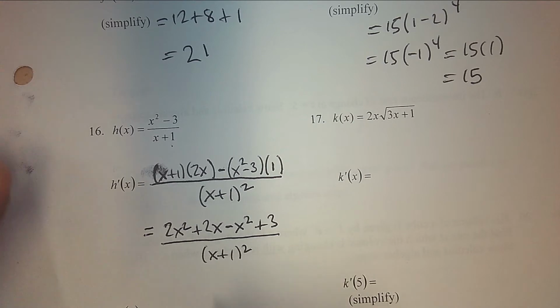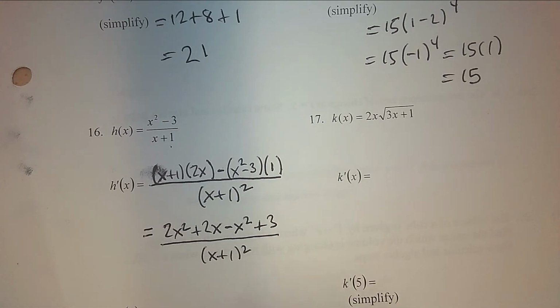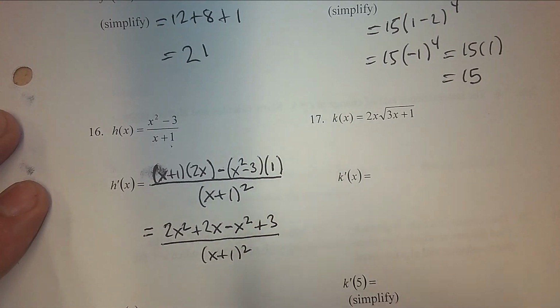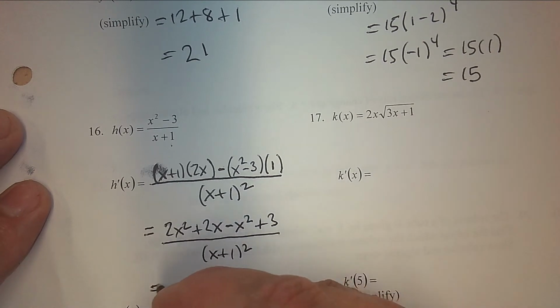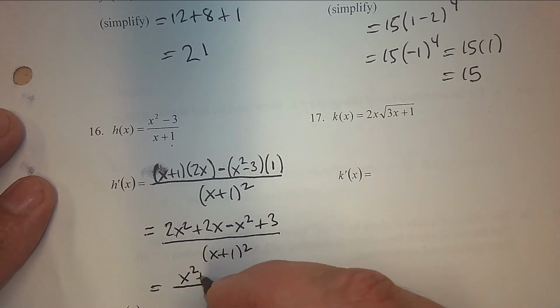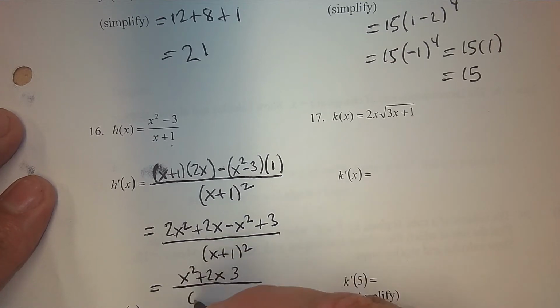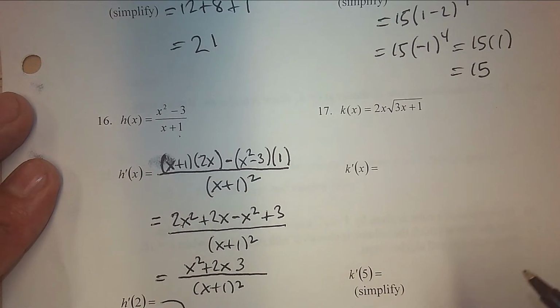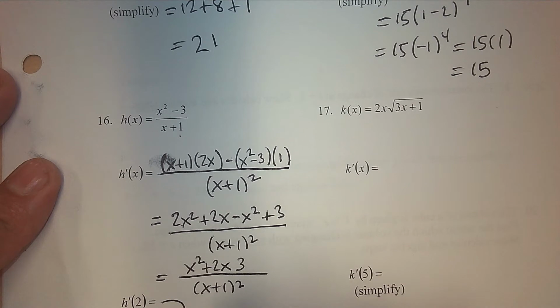Now, I can do one more step to simplify it. So 2 take away 1 is 1x squared. Then we have a 2x, a 3, and the x plus 1 squared. Now this one I'll answer down here. What happens when you substitute in 2? Well, this becomes a lot easier because we simplified it first.